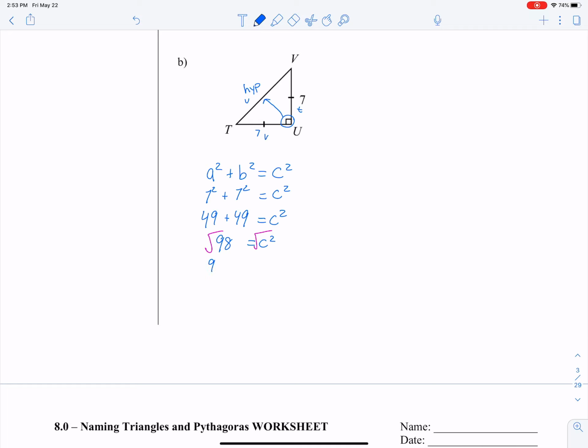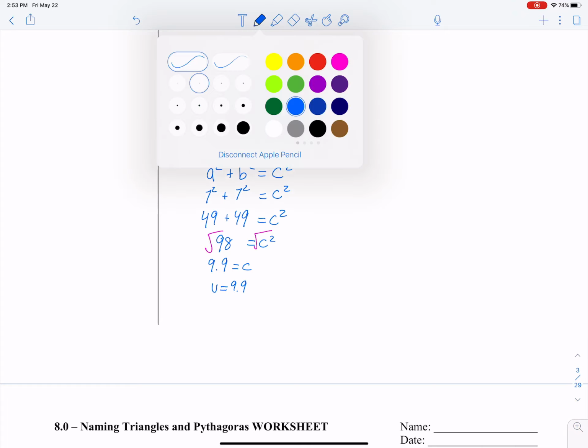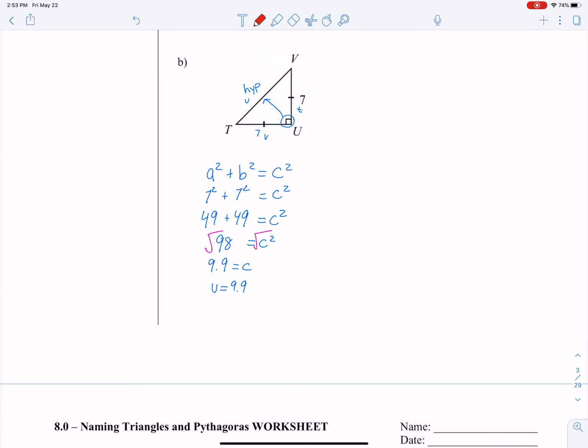So we get 9.9 is equal to c. And then we're going to look at what that side's called. So we're looking at doing our hypotenuse side. It's called u. So we're going to say u is equal to 9.9. And that's our final answer.